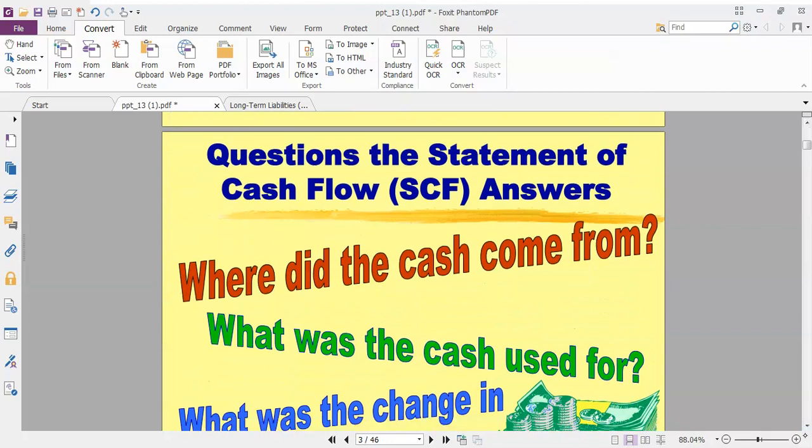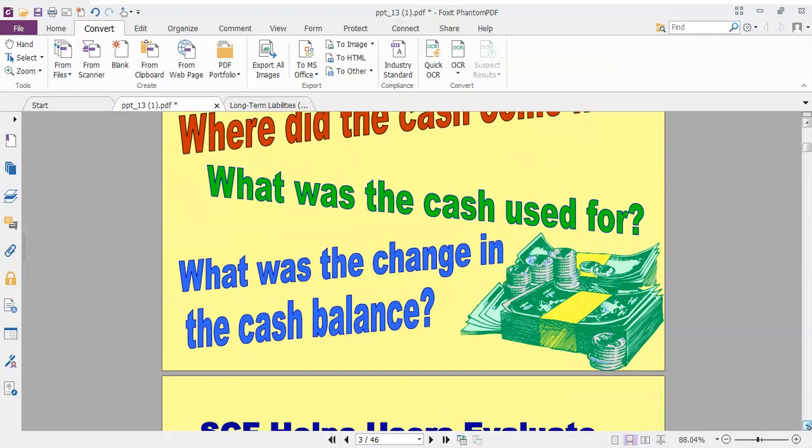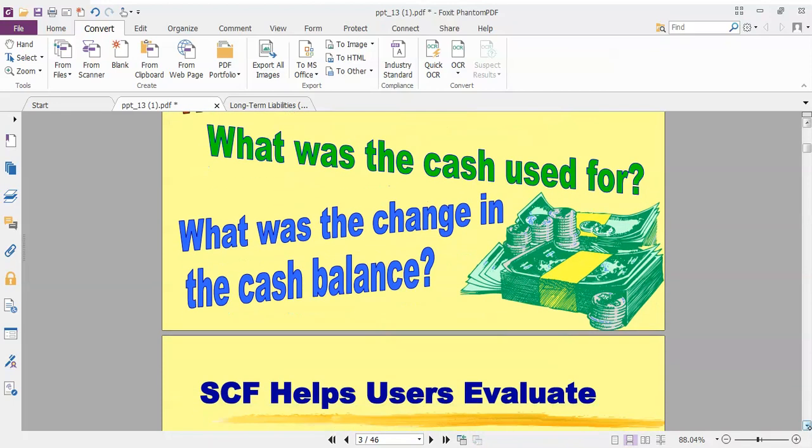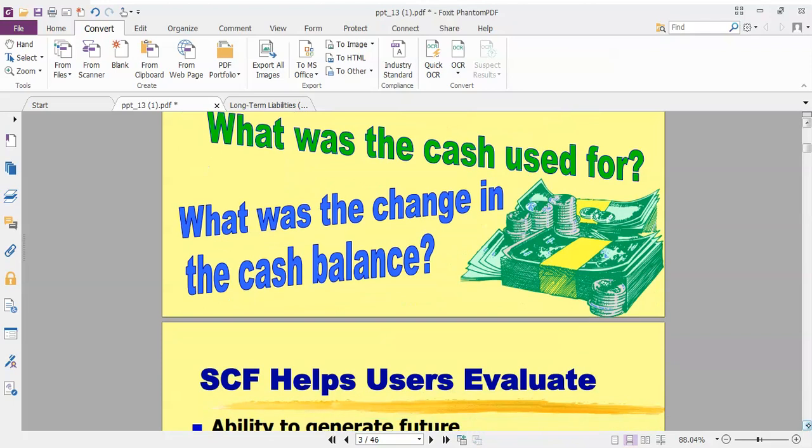Where did the cash come from? What was the cash used for, and what was the change in the cash balance? That is the type of question that we can ask about the cash flow.